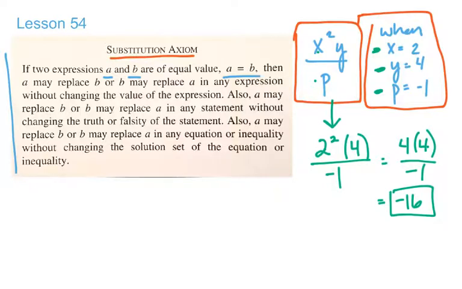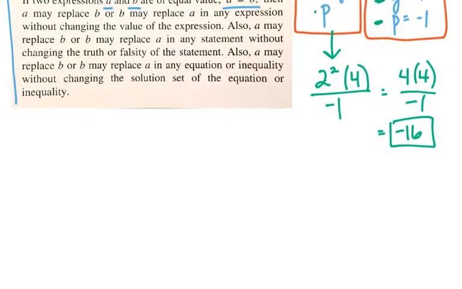The next portion they talk about in lesson 54 is simultaneous equations. So we're going to start by starting with two equations. You're given equation A, 2x minus y equals 1, and equation B, x equals -3y plus 11.